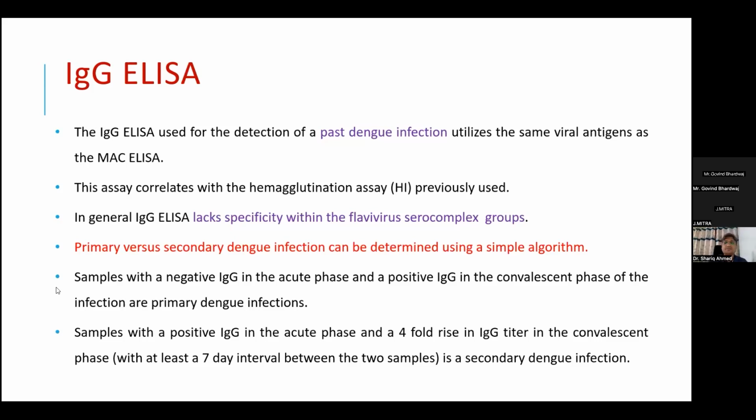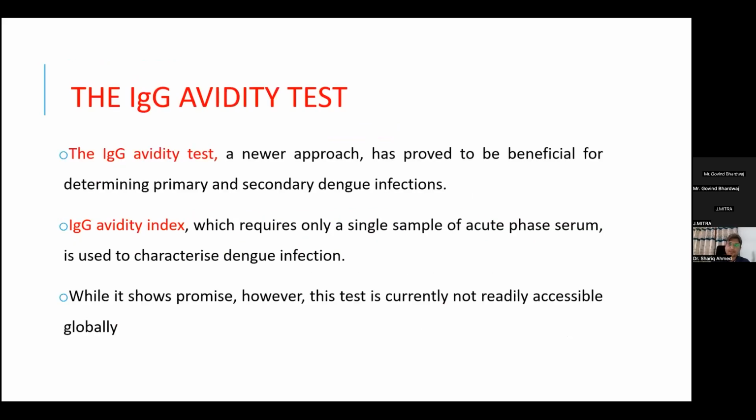However, it is not a very good test, and it is only used for surveillance or for diagnosing past infections. Next is the IgG avidity test, which increases the specificity in determining secondary or primary dengue infection.